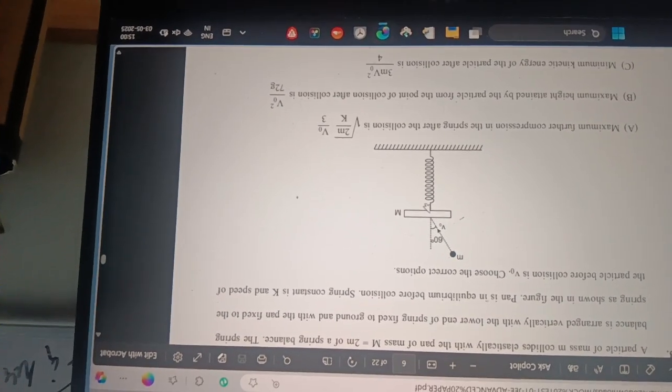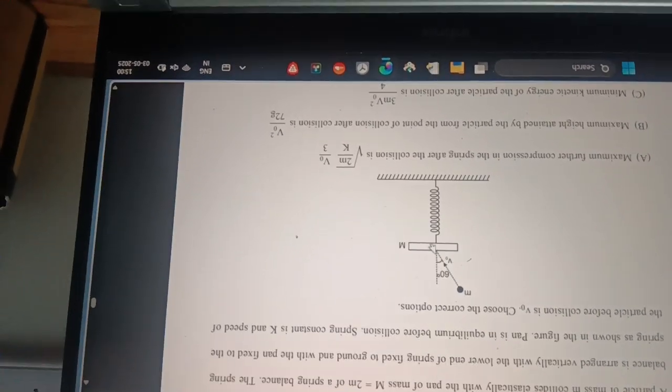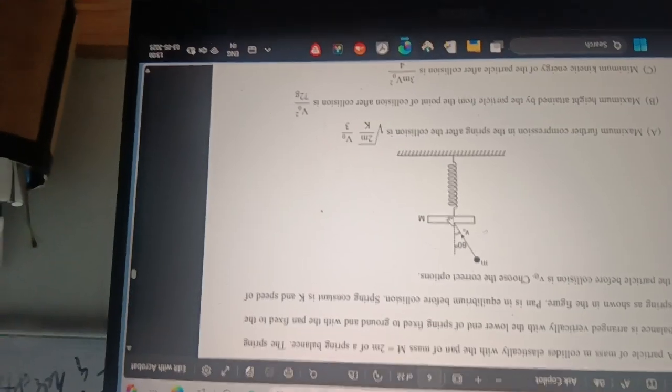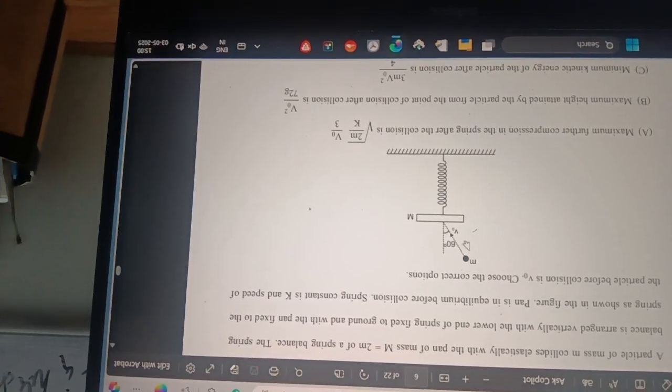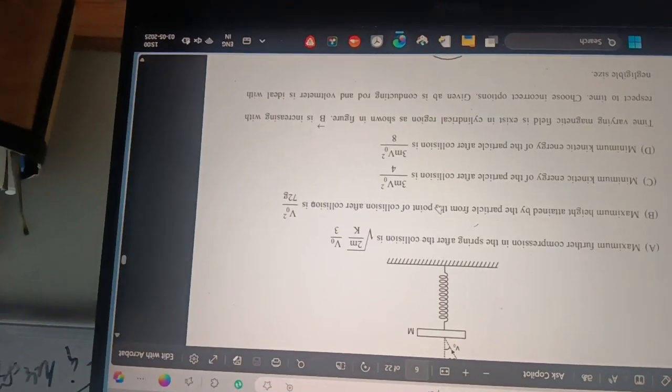We can use the equation of momentum transfer, or we can use the equations of collisions in this case to find the velocity of M and this small m after this collision.